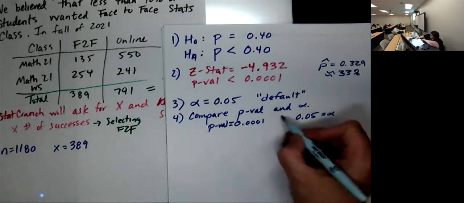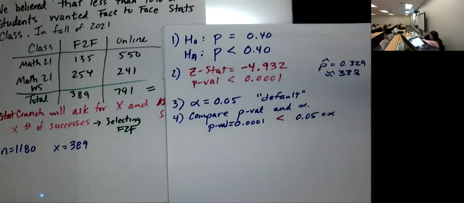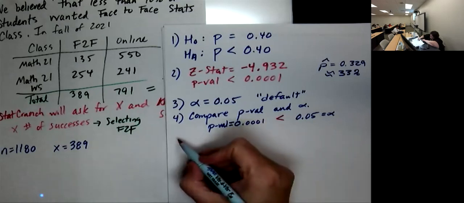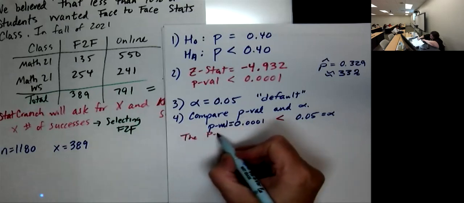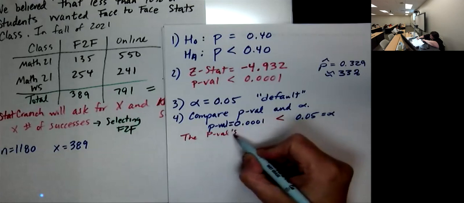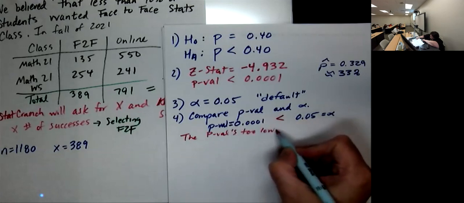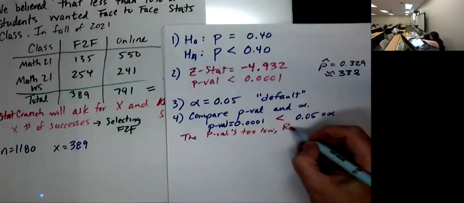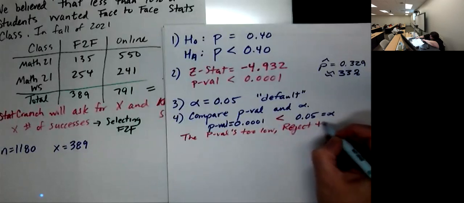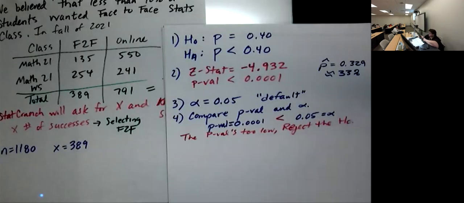It's less than. So the p-value is too low, we reject the H naught. And when we reject H naught, we support HA.